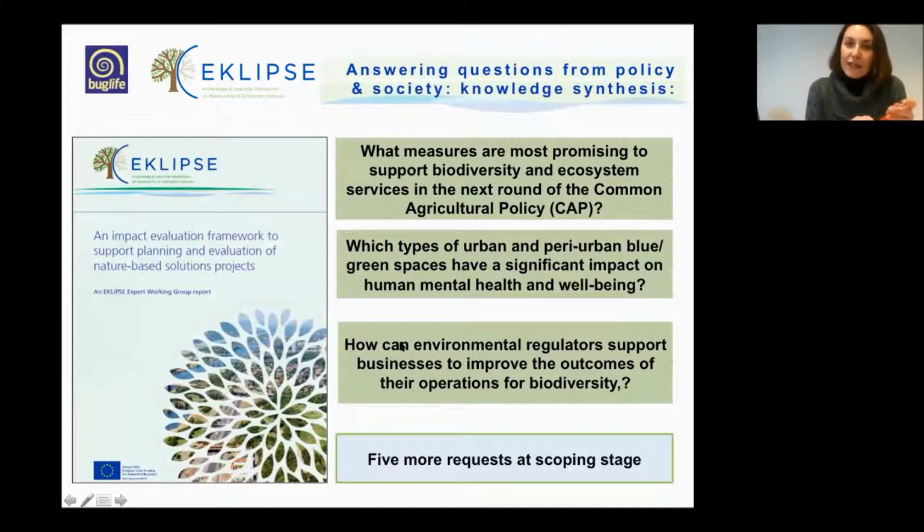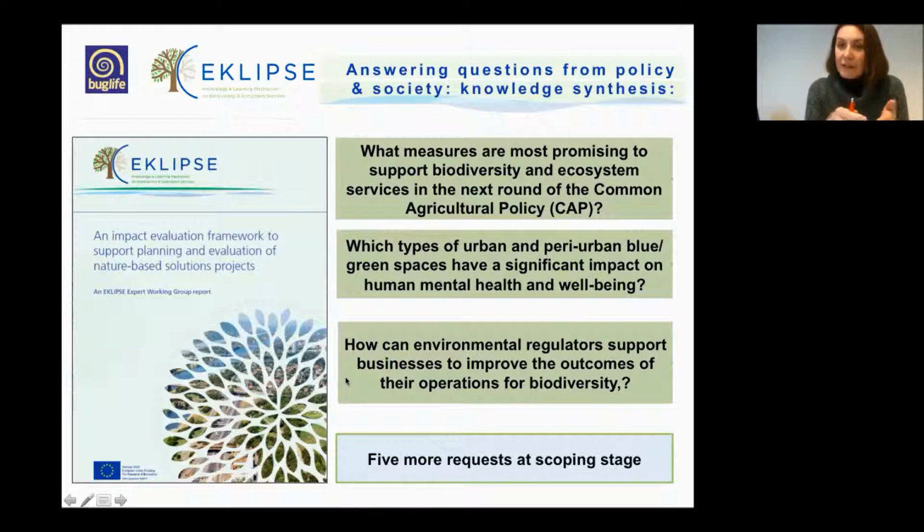One key aspect of Eklipse is to respond to requests coming from policymakers or civil society, and to respond to these requests by selecting the ones that are relevant for our scope, so European relevancy, relevant for policy questions, and to provide some potential activities to answer those requests.